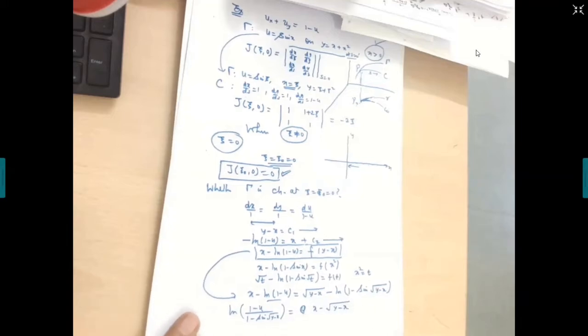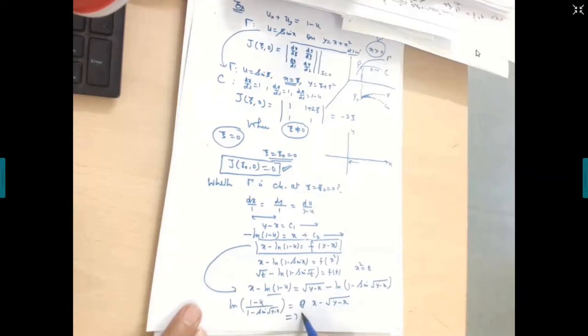So this gives me 1 minus u is equal to e to the power x minus square root of y minus x, multiplied by this expression, the denominator, 1 minus sin square root of y minus x.